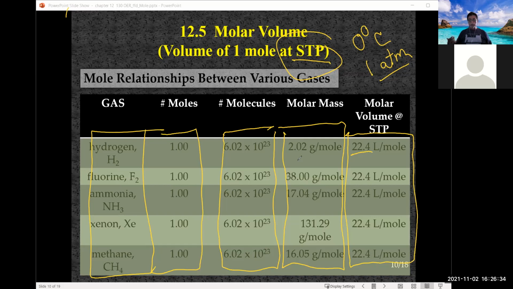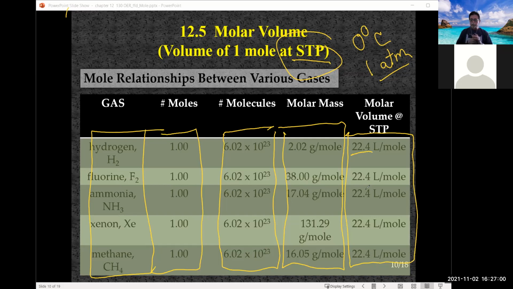In both cases, we got 12, but obviously the medium ones are going to have a different weight because they're larger. And so at those conditions, every one of these has this property in that 1 mole of gas occupies a volume of 22.4 liters, okay?